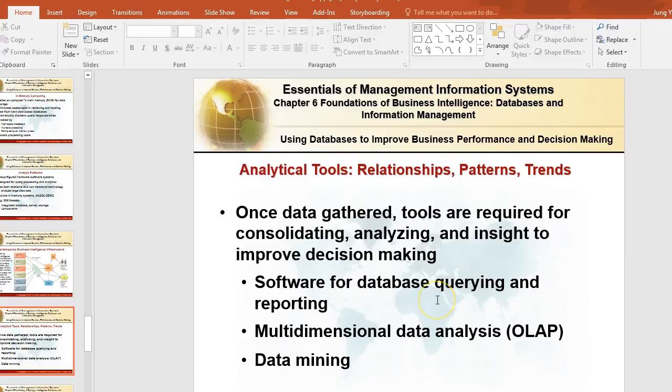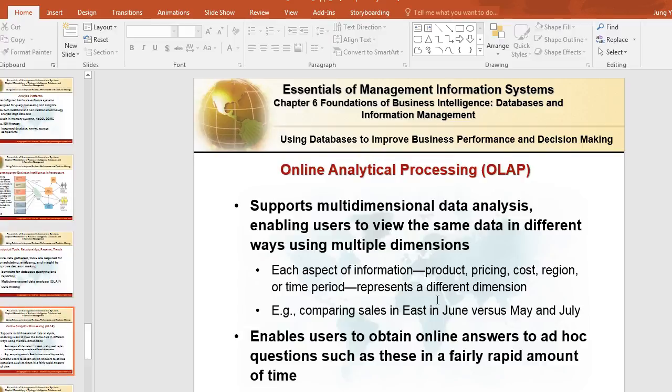And OLAP is a multi-dimensional data analysis, designed mainly for decision making in an organization using the historical data and also the operational routine data as well. So OLAP supports a multi-dimensional view of the data, which means region-wise, timing-wise, and human resource-wise.